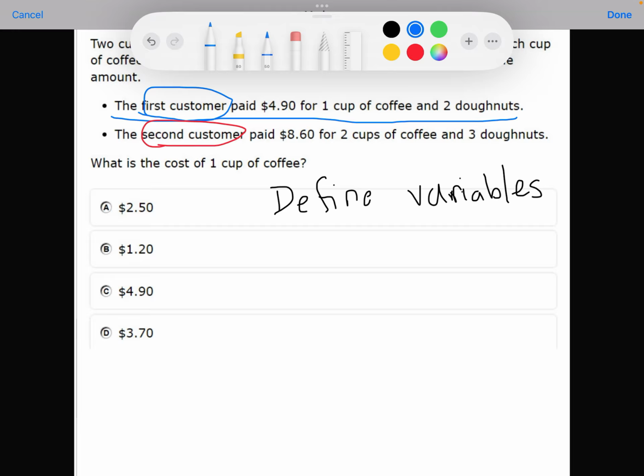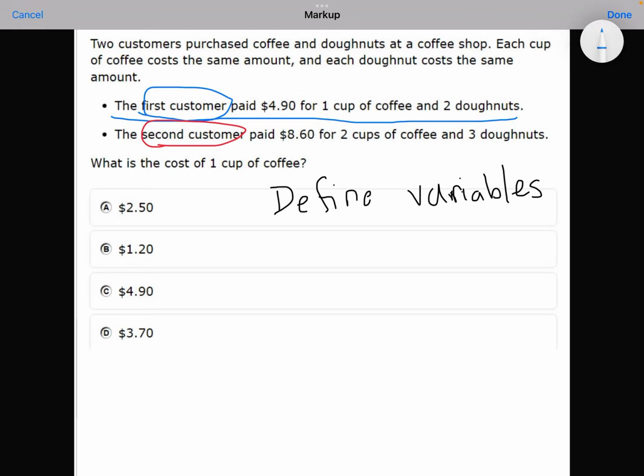All right, so let's focus on the first customer for now, and how would we write that equation? Well, remember when we pay for things with a final cost, this acts like a total amount. So that means that I'm going to expect to combine my numbers here. So I'm going to be adding them together, right? If you remember that, it means I'm going to get standard form. So it's going to look like x and y are going to be added together to some value, which we now know is 490, or the total.